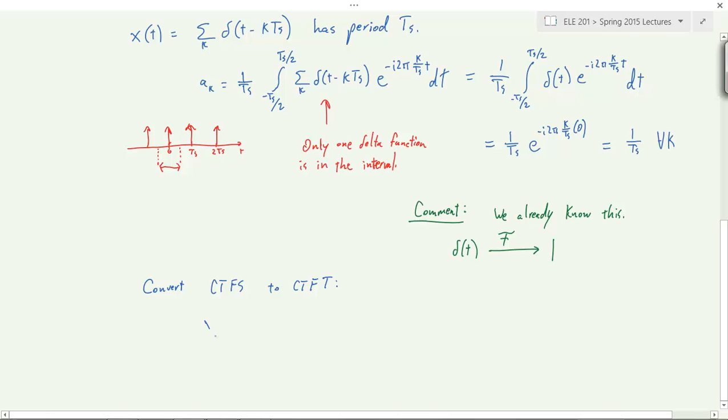So in other words, X of f, the Fourier transform of the above signal, is just this. In general, it's always the Fourier series coefficients, delta of f minus k over the period of your signal. So that's always true. And now let's plug in our a_k's, and they're all constant. So it's just this thing.